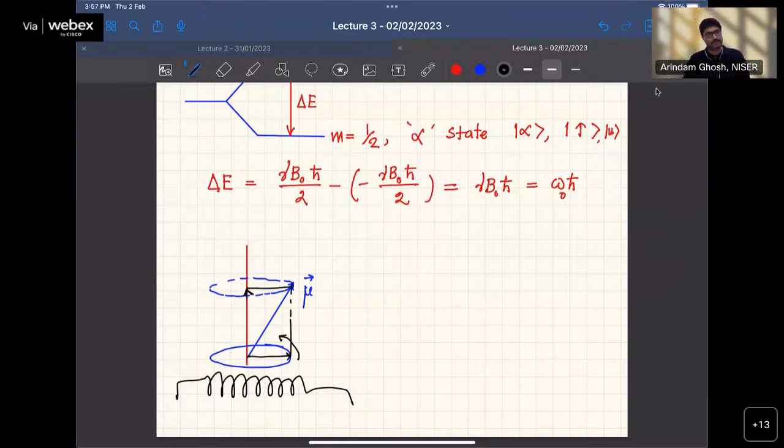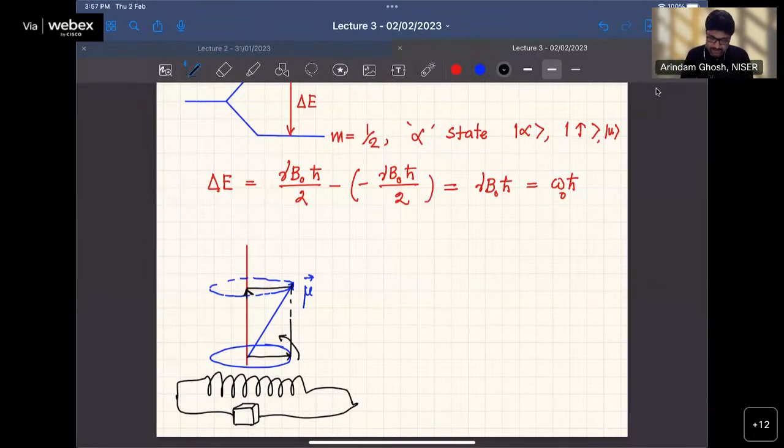And what happens if I have a magnet that is moving in the vicinity of a coil? It is Lenz's law, correct? So as it is moving, it will induce an EMF, and that EMF can be measured. I can connect this to a computer, and this computer can actually measure this particular EMF.